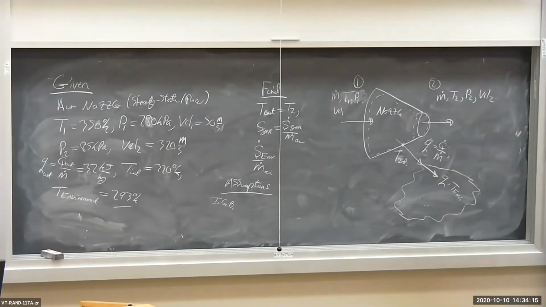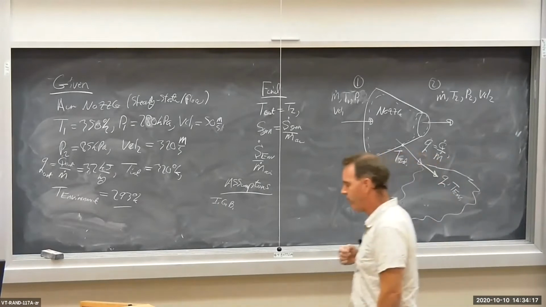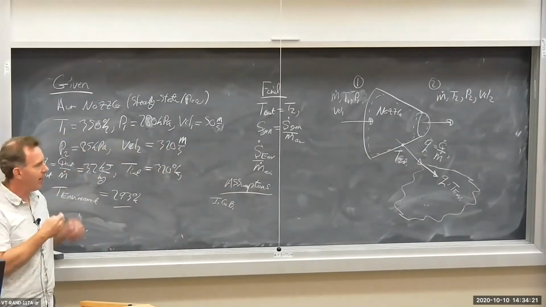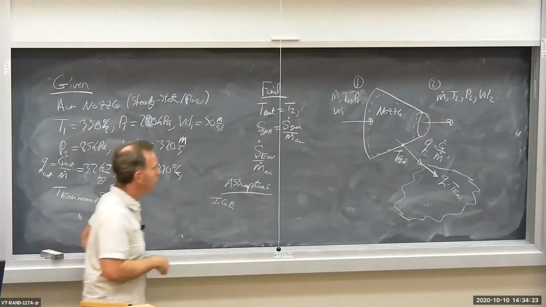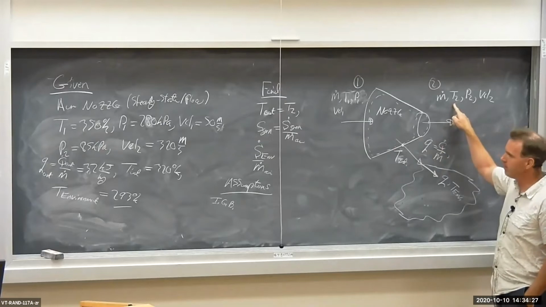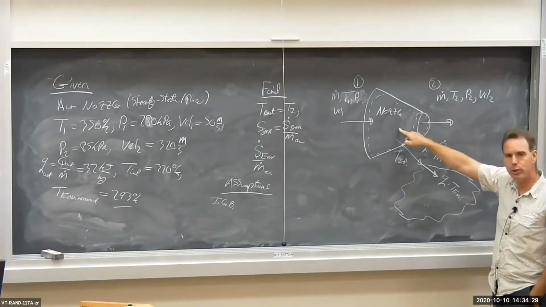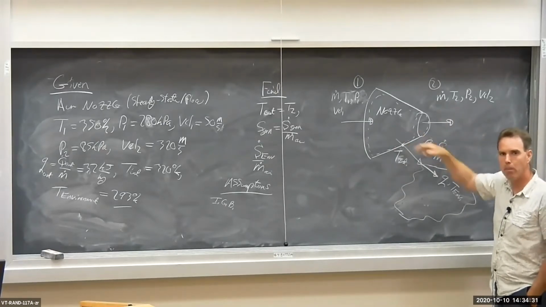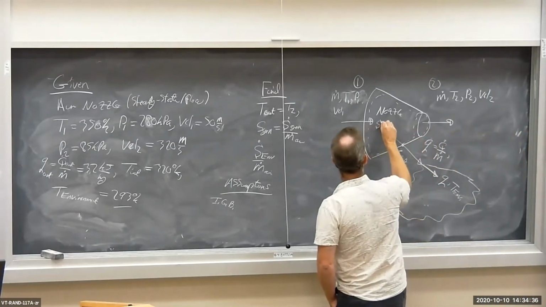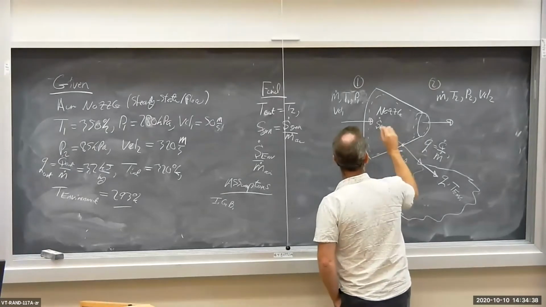What are we supposed to find? We're supposed to find the outlet temperature, T2, of the air as it's accelerated through the nozzle. We don't know it. I also want to find the entropy generation per unit mass flow. So there's some entropy generation going on here.